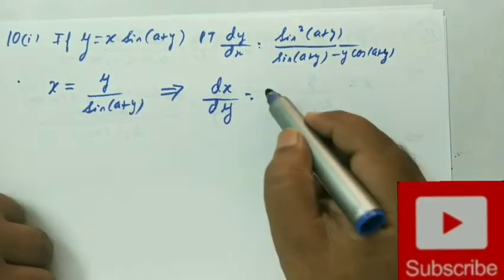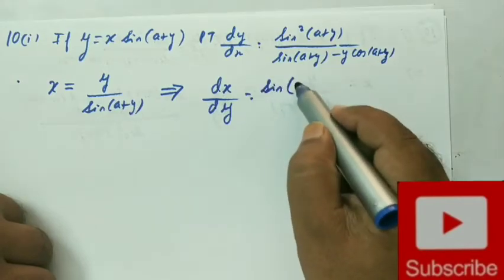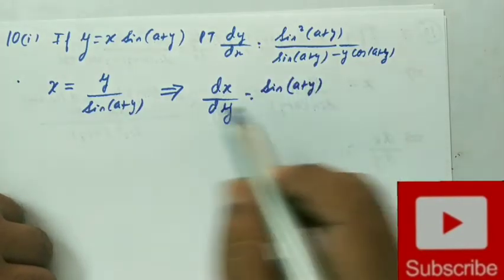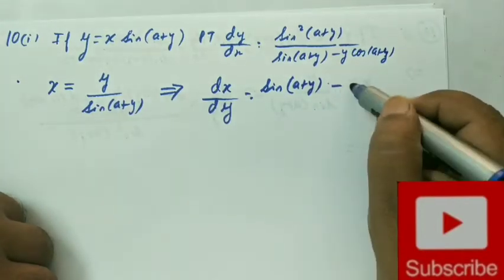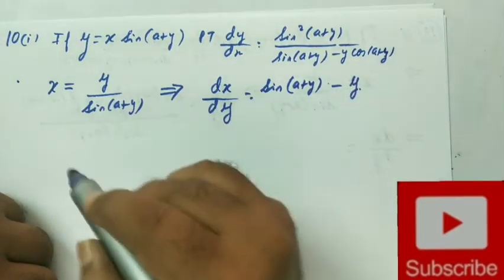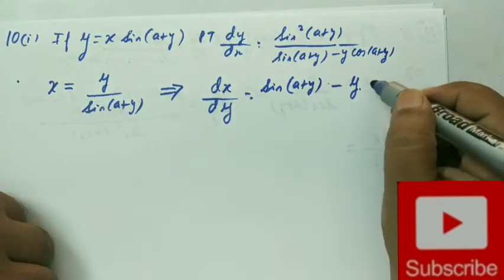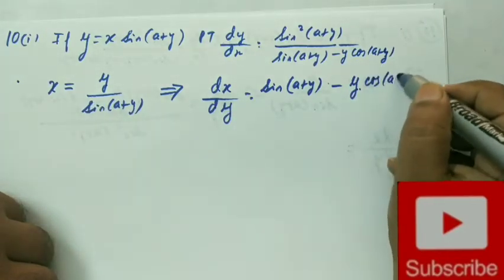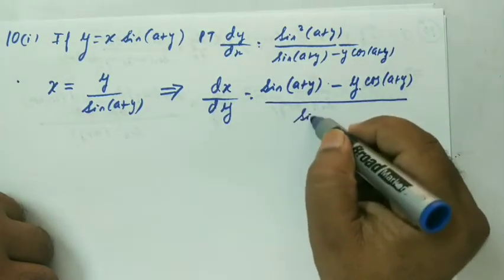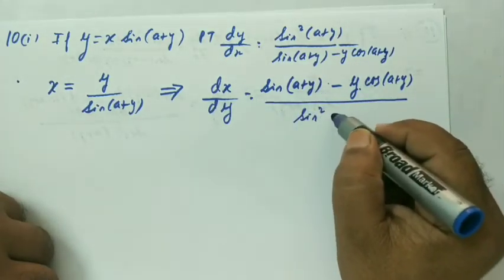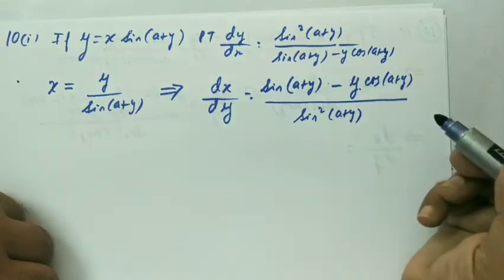Quotient rule. With respect to y, this will be only 1 minus y, differentiation of sine a plus y will be cos a plus y, by sine square a plus y.